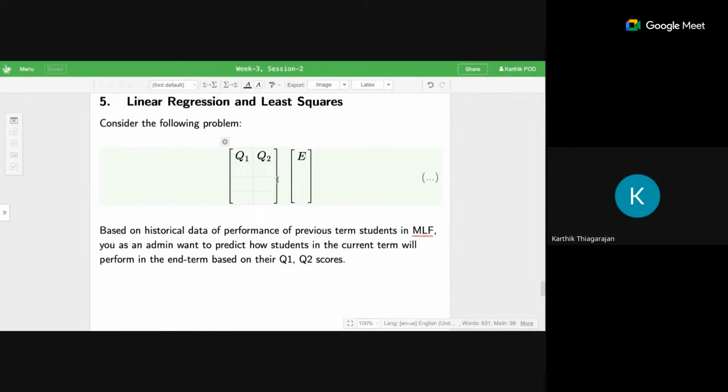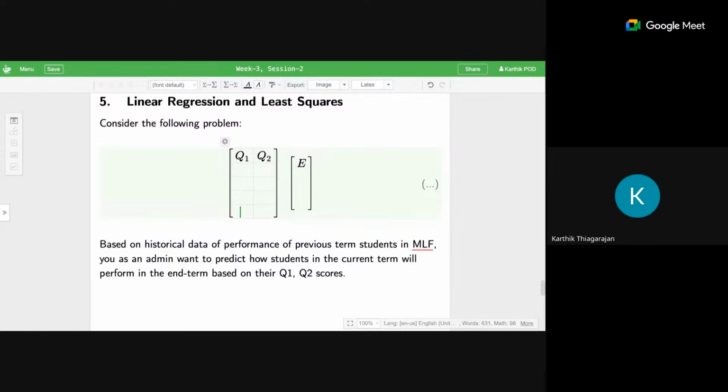So for example, you have thousands of students who have done MLF, but for simplicity, let's say we only have 5 students. We'll take as a representative sample only five students. They have, let's say, 56, 8 and 70 in quiz 1 and quiz 2, and the student's end term mark is 80.